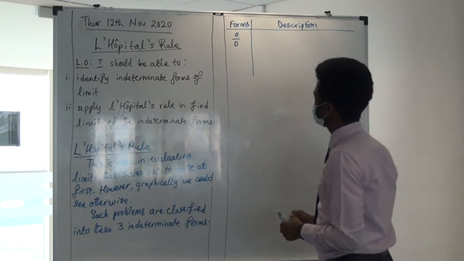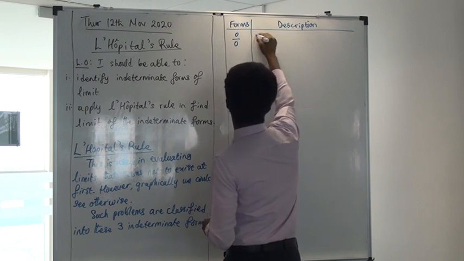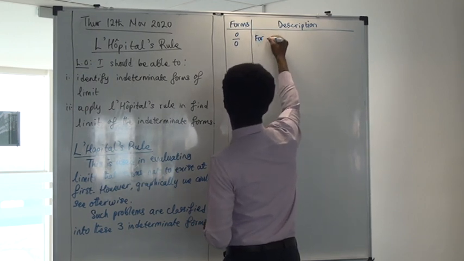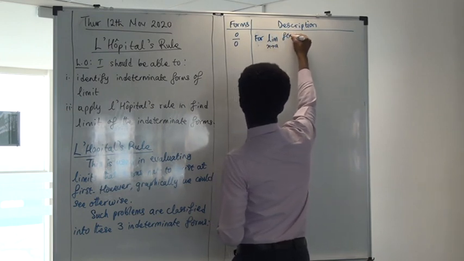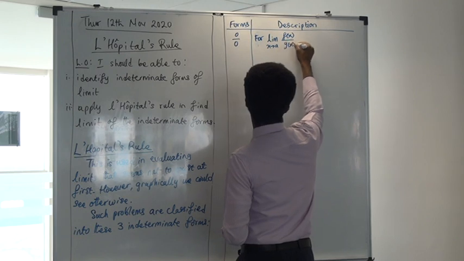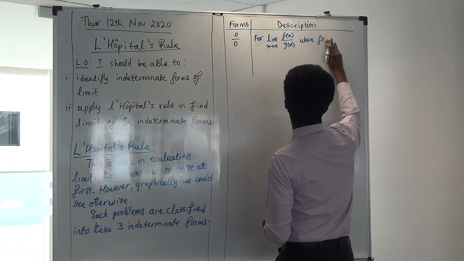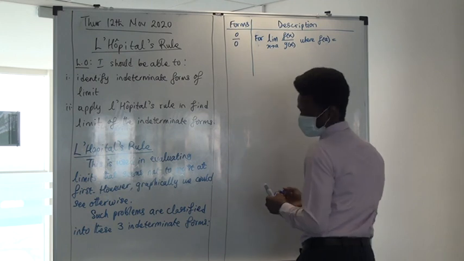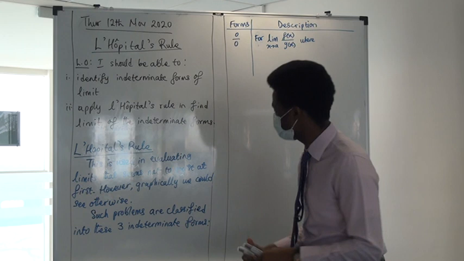This is when the limits for limits as x tends to a of f of x over g of x, where f of a is equal to g of a is equal to 0, not where the limit is equal to 0 each.